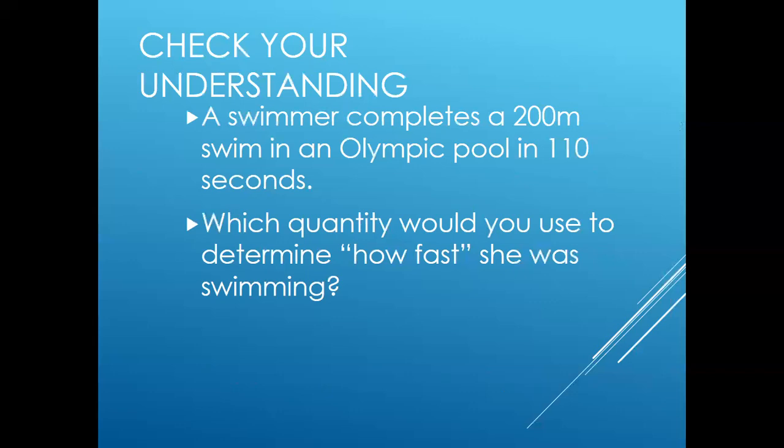We can, however, calculate distance. The distance traveled is 200 meters. So in order to calculate speed, we would just take 200 meters divided by 110 seconds, and that would give us our answer in meters per second for the swimmer's speed. So the answer is you would use speed. Velocity would not give you a valid answer.